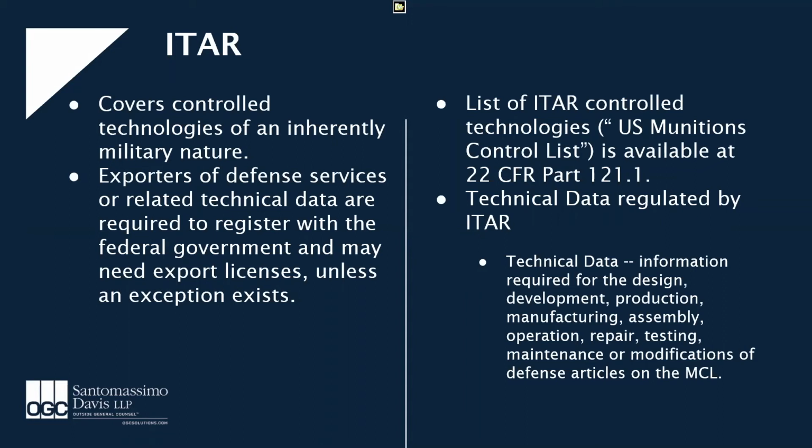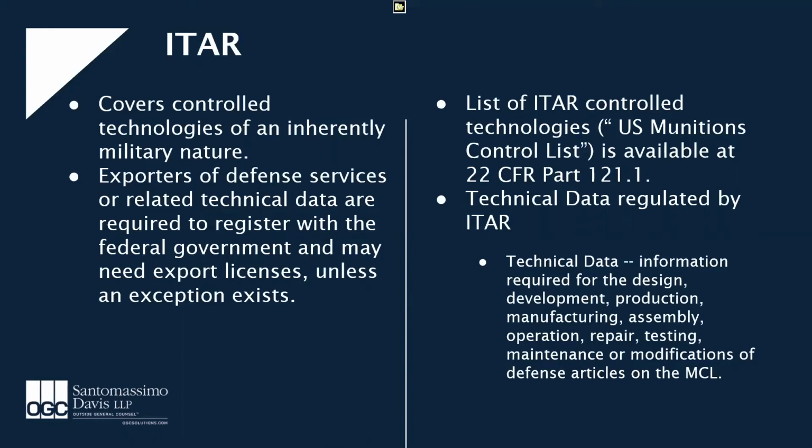And also, I want to talk about technical data, because if your business plan does not entail the export of a physical item, but the transfer of data, you may still need an export license. So what does that mean?